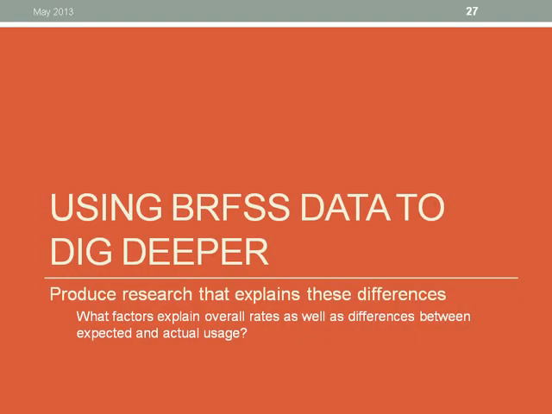Now, using the BRFSS data, the Behavioral Risk Factor Surveillance System data, to dig deeper. If you're a sophisticated user of SPSS or Stata or SAS or Excel, you could use the data in this report to test some interesting hypotheses and maybe explore some questions about what accounts for the differences in these geographic units.